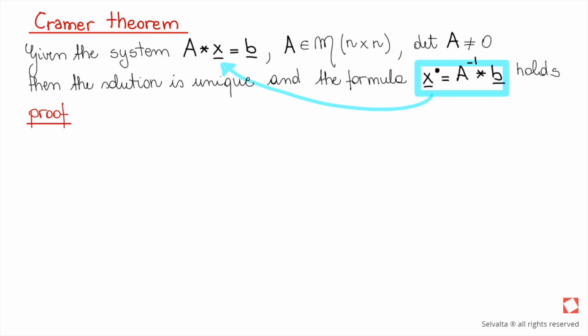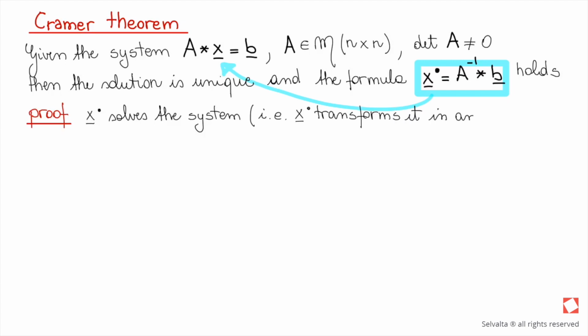That is, when I plug it into the system, it is transforming it into an identity between vectors. Thus, the thing that must be done is to substitute x dot into the expression of the system and see if what we get is or not identically equal to the right-hand side vector B.